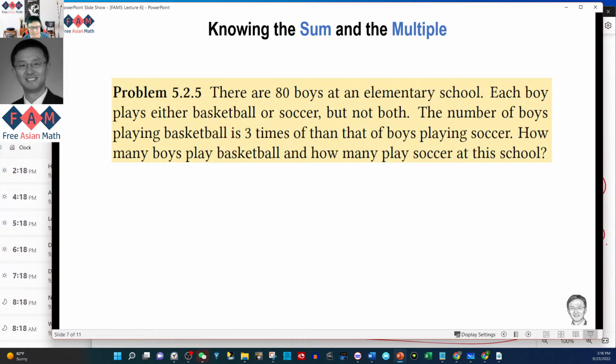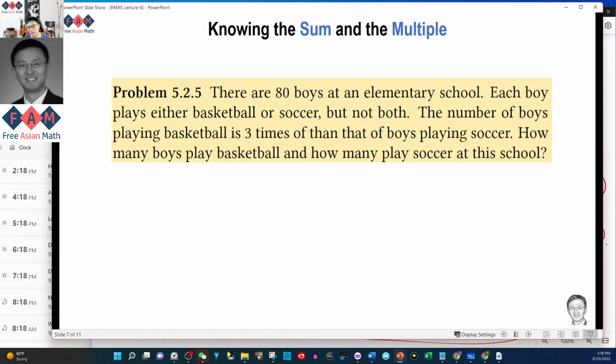So you must play one of the two sports, but you cannot play both. And the number of boys playing basketball is 3 times that of boys playing soccer. I realize there's a typo here, bear with me, but the number of boys playing basketball is 3 times the number of boys playing soccer. How many boys play basketball and how many play soccer at this school?